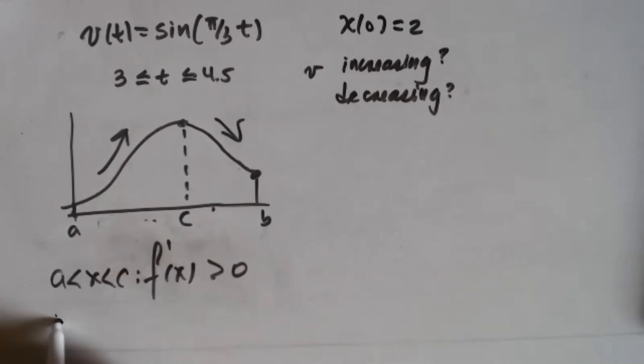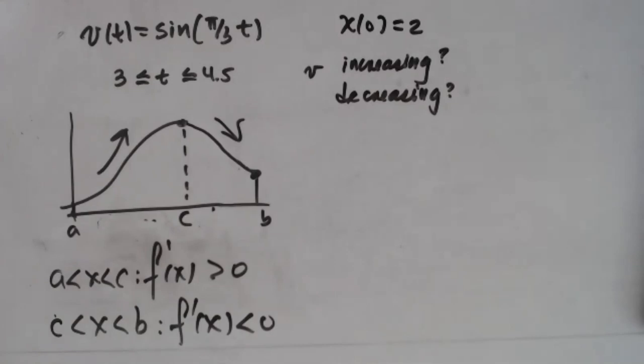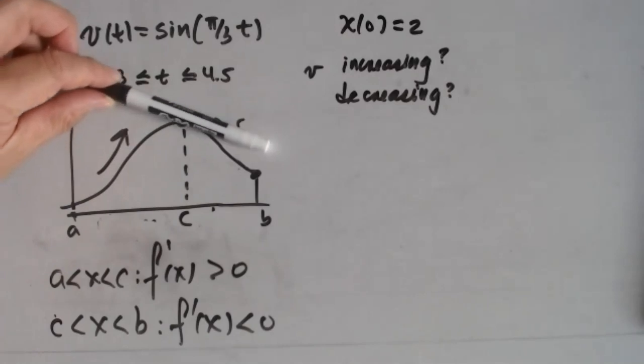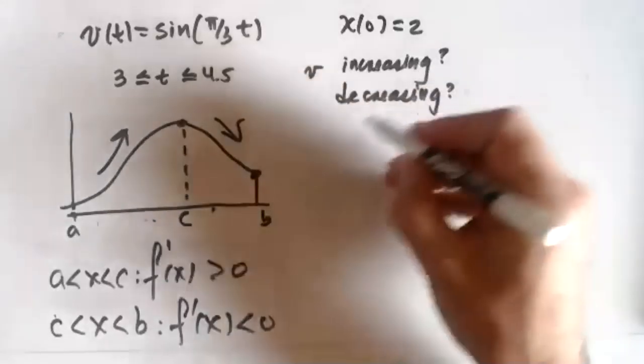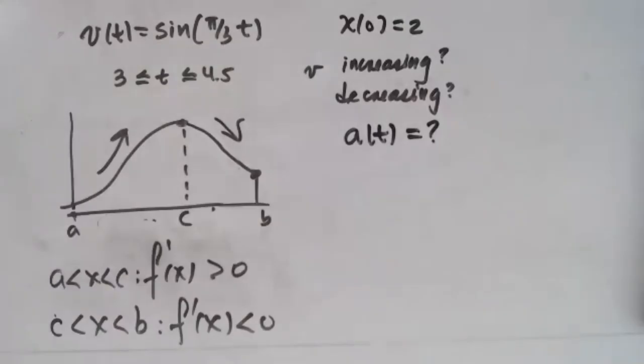And what happened from C to B? The derivative is negative. Right. So increasing or decreasing in calculus is related with the tangent, the derivative. If you have a positive tangent, the function is increasing. If you have a negative tangent, the function is decreasing. So this is the point. You are going to see if decreasing is with the acceleration, right? How's the acceleration?